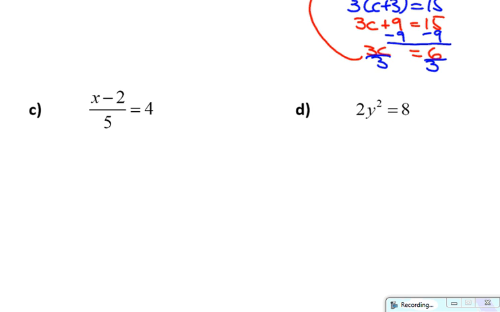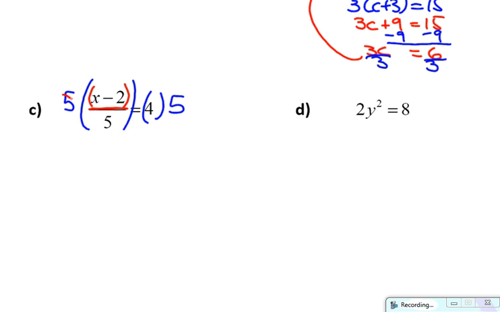For example c, working in reverse order, I see again, remember that whenever I have a fraction bar, this is grouped. So that's the parentheses, that's actually the P in PEMDAS. If we're going in reverse, that's going to be the very last thing that we're going to do. So I am instead going to take the divide by 5 first, and to undo it, I'll use its inverse operation, which is to multiply both sides by 5.